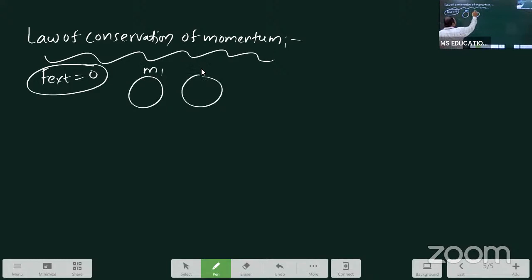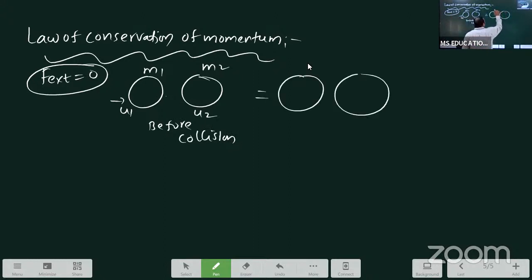One body is m1, one is m2, moving with velocities u1 and u2 and colliding. So m1, m2, two bodies moving with u1, u2, this is before collision. This is for understanding purpose only. After collision, velocities are v1, v2.